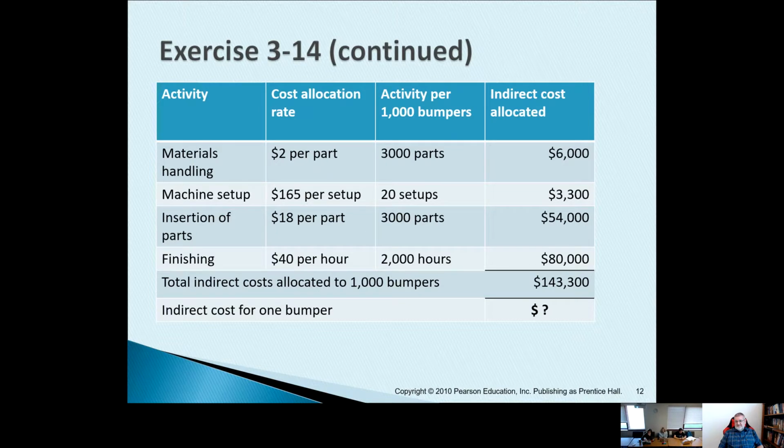Is it 143.3? There you go. $143.30 per bumper.